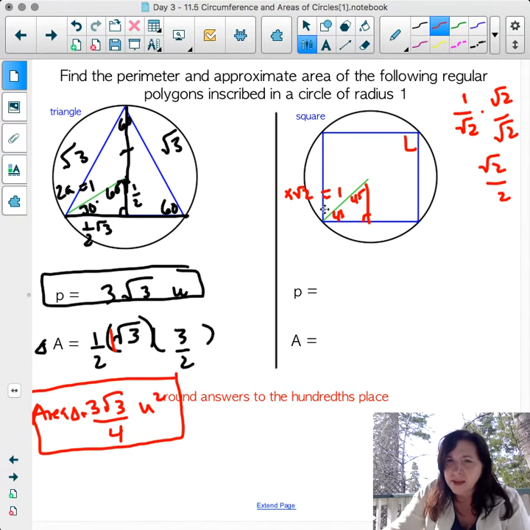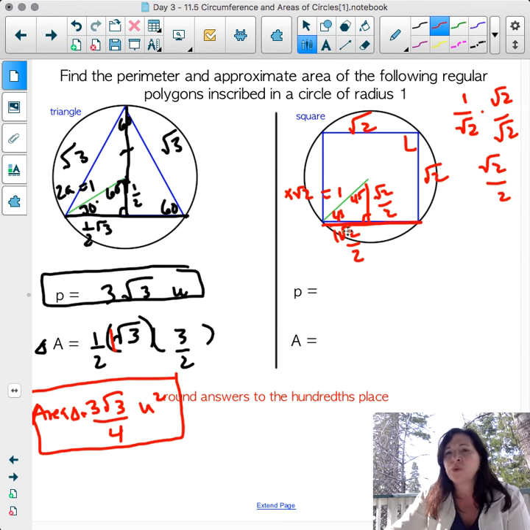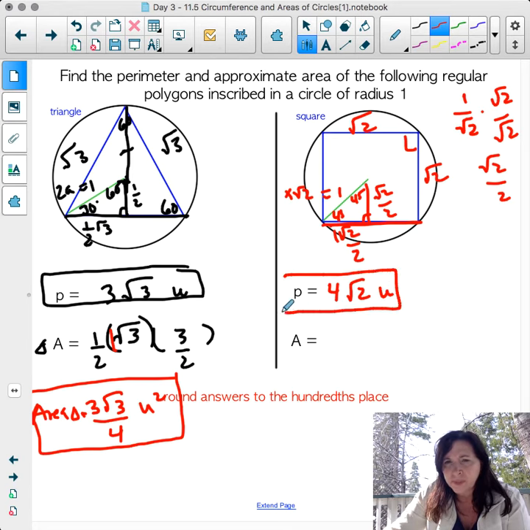And so that length right here is √2 over 2, and this is also √2 over 2. So the length of one side is √2 over 2, which is 1/2 √2. So 1/2 √2 plus 1/2 √2 is 1 whole √2. And so all the way around is √2. So the perimeter is going to be 4 of those. So that's going to be 4 √2 units. And so that's my perimeter.